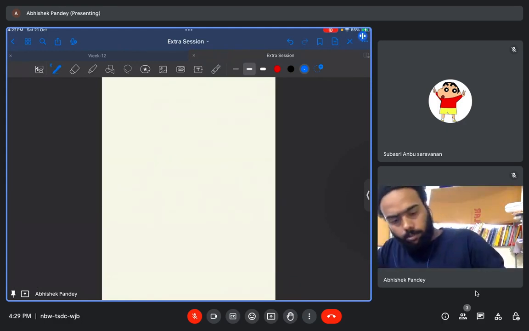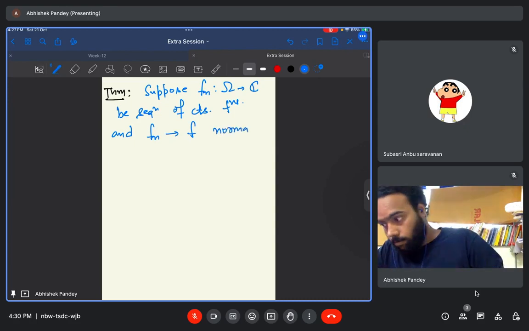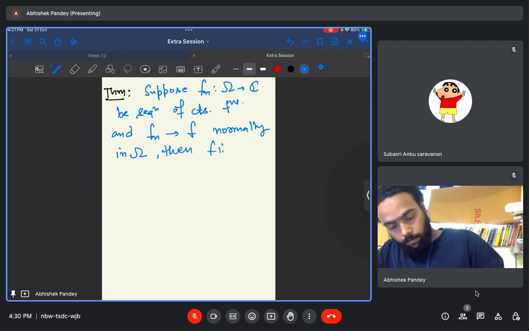Okay. So the following theorem is again true, like we have in the case of uniform convergence. Suppose Fn such that omega to C be a sequence of continuous functions and Fn converges to F normally in omega, then F is continuous on omega.